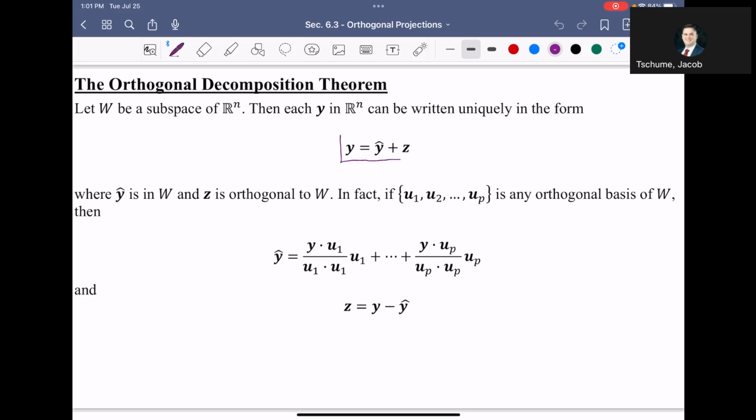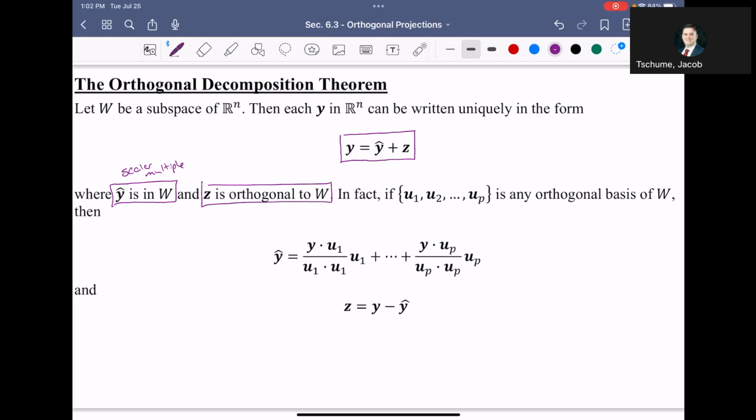This formula should look familiar from the last video, where vector y will equal vector y hat plus a vector z. Recall that y hat falls in that subspace W, because it is a scalar multiple of a vector that is in the subspace. And remember that z is always going to be orthogonal to the subspace W.